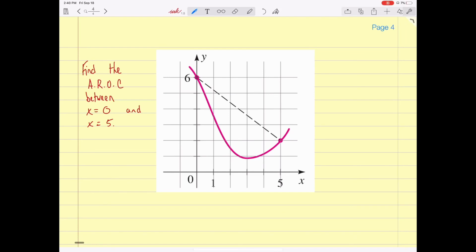Okay, so I've seen a lot of different attempts at these problems. Students complicate them. You don't have to complicate this. The average rate of change between x equals 0 and x equals 5 is the slope of the secant line. And the slope of the secant line is this dashed line. So you don't have to use any formula or anything.